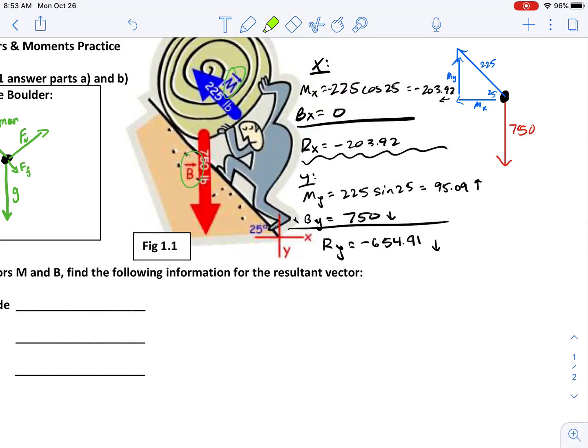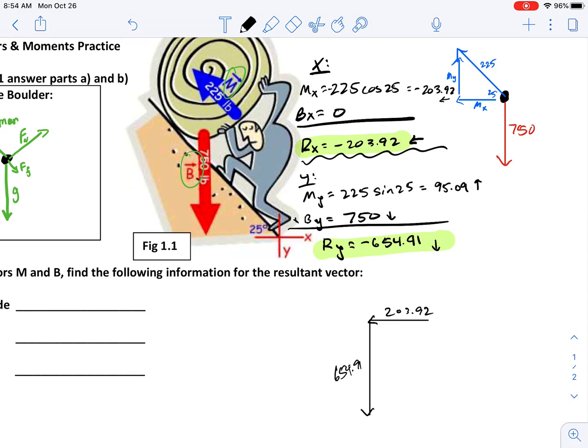We have our x component and our y component, right? And our x component is going to the left, our y component is going down, and so we go ahead and draw that, and the x component is about 1/3 of the y component. So let's go ahead and draw our resultant vector. So the result of this, if we didn't have a ground to push back, would be going to the left, and this is 203.92, and then going down about 3 times as far, and this is 654.91.